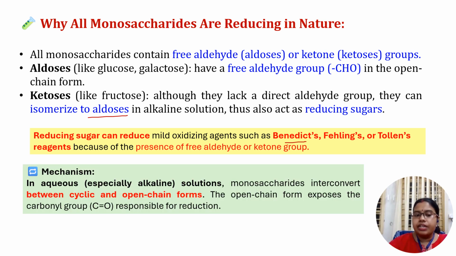In aqueous solution, especially in alkaline medium, the monosaccharides interconvert between the cyclic and open chain forms. When it exists in the open chain form, the aldehyde and keto group are free, and at that time this free group participates in the oxidation-reduction reaction.